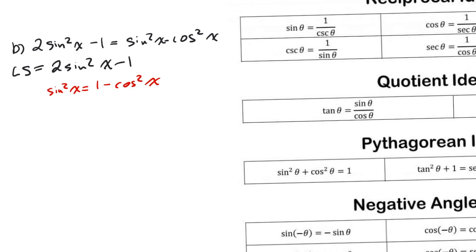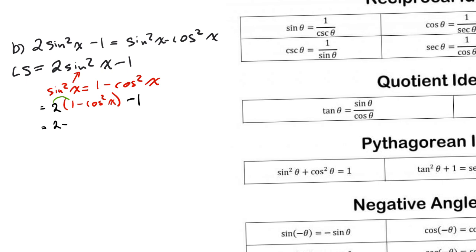So now that I've got that, I'm going to sub it right into here. So now you're going to get the following. Wow, that's crazy. Now you're going to distribute the 2 into this little problem set, and you end up with something that looks like this.